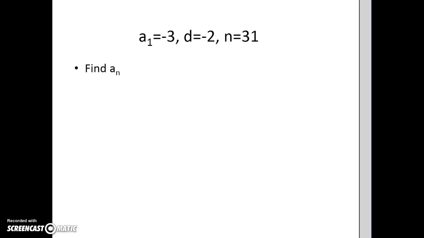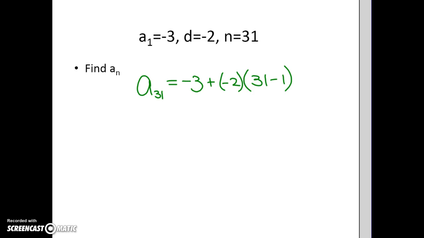Same type of problem. I'm given the first term, a common difference, and a term number. So this time they want me to find the term number 31. So we have a sub 31 equals negative 3 plus negative 2 times 31 minus 1.